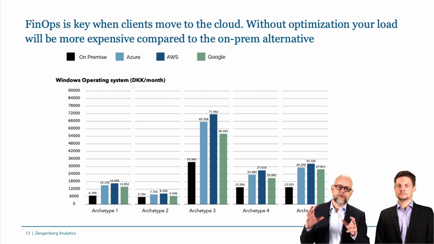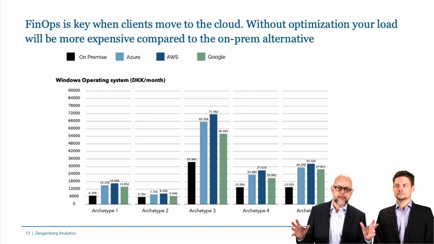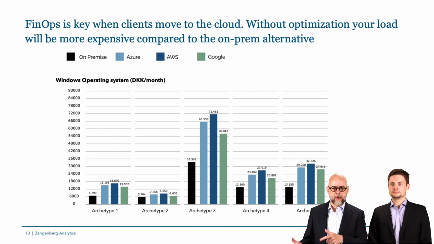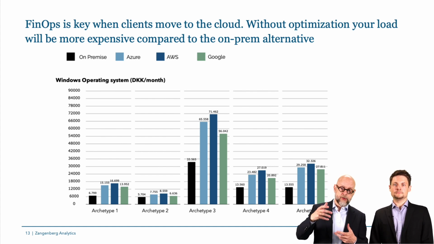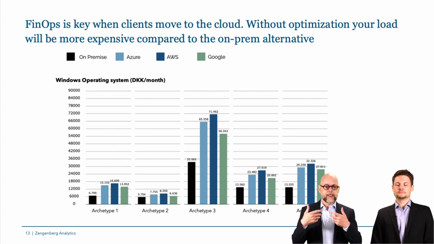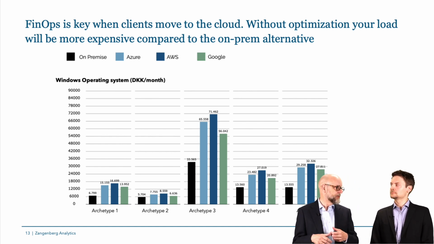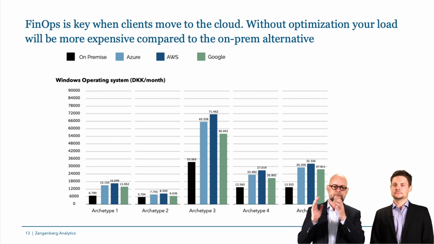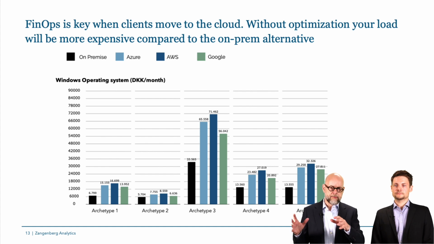And then we've taken the capacity pattern and put it into our benchmarking model. So we give you the black bar, that is the price you should expect in a classic on-prem setup. That would be the total price of providing that application operation on a monthly basis.